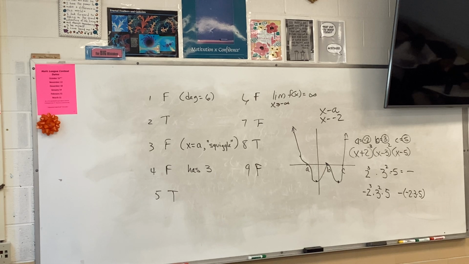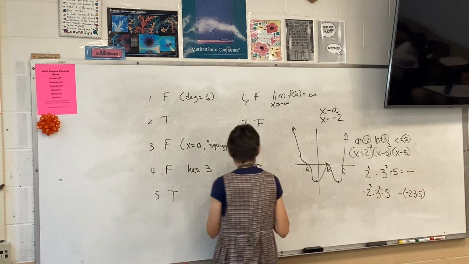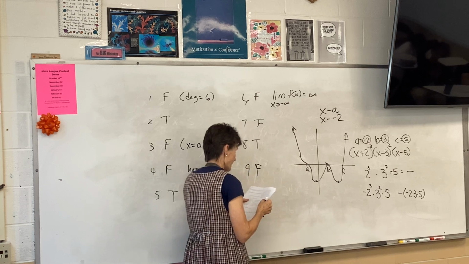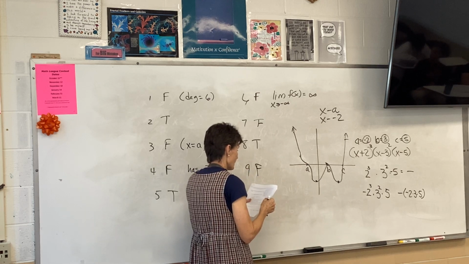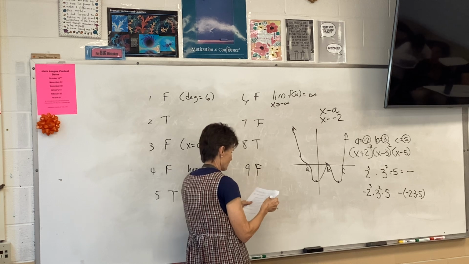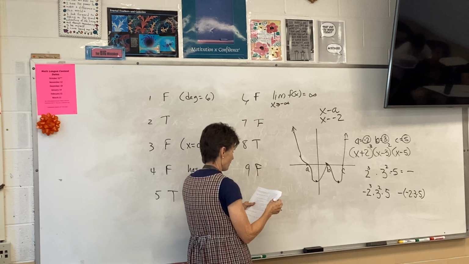G is an odd function. Okay, how do we tell? What does odd mean? Take a point on the graph. Let's take, how about, are there any good points? No, they're all awful.